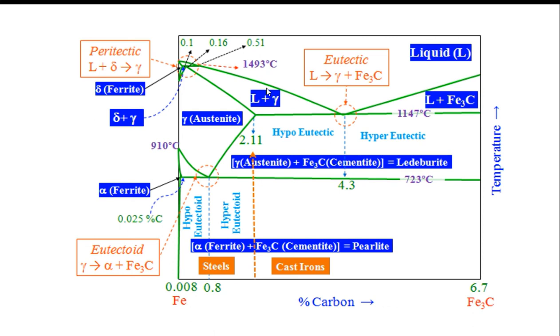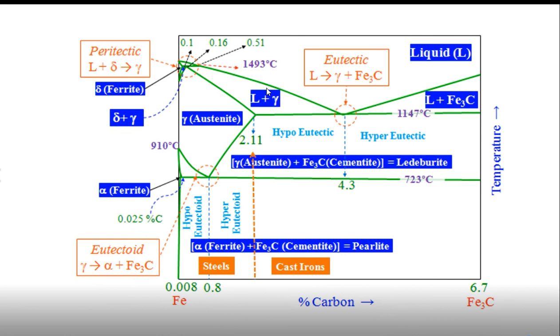So now please memorize what I actually can't explain in total. First thing, about the systems. You have 5 systems, peritectic and eutectoid.